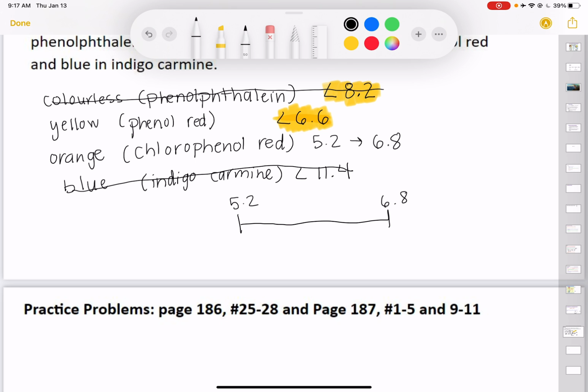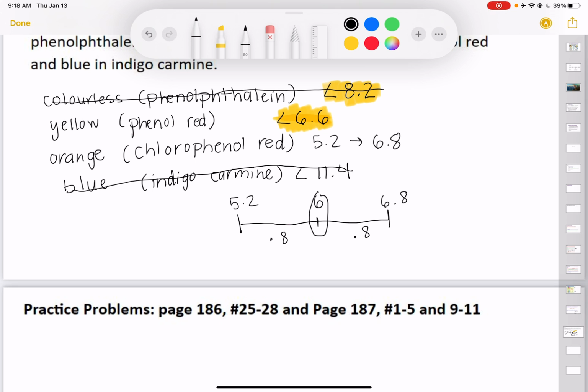We need to find where halfway in between is, and that is at 6, I believe. Yeah, because 5.2 to 6 is 0.8, and 6 to 6.8 is 0.8. So the middle is 6. So if an orange would be around the 6 mark, then that makes sense.